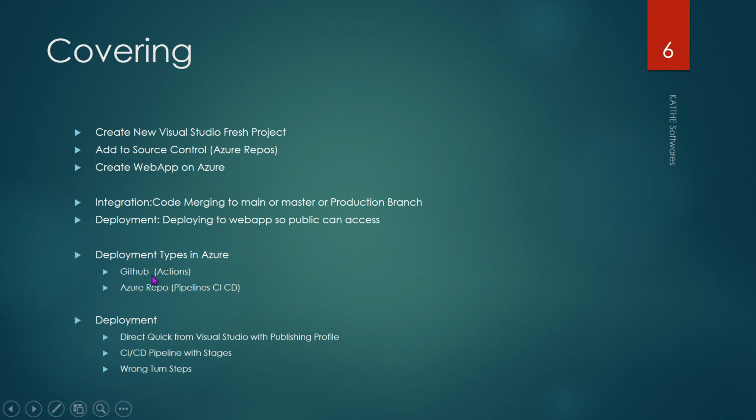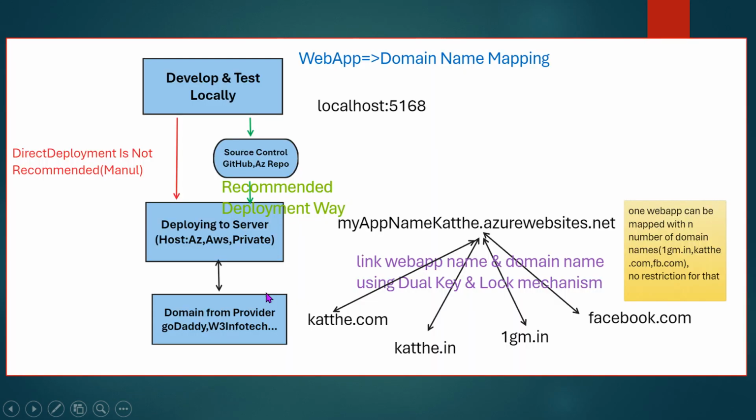GitHub Actions is the one I didn't cover here, because there are hundreds of videos on YouTube. It's very little code. But the problem with GitHub Actions is you will have limited resources, like 512 MB of storage, I think. Anyway, it's a different topic. And then Azure Repos and direct deployment are just shown for a quick look, and the CI/CD pipeline and a wrong turn where it could be missing. And the flow is this one.